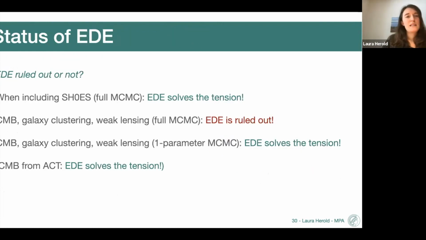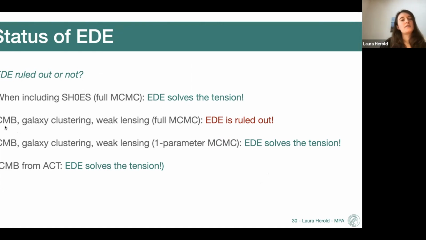So to summarize the status of early dark energy at the moment: the question is, is early dark energy ruled out or not? If one includes SH0ES in any type of analysis with any other kind of dataset, one finds that early dark energy solves the tension.